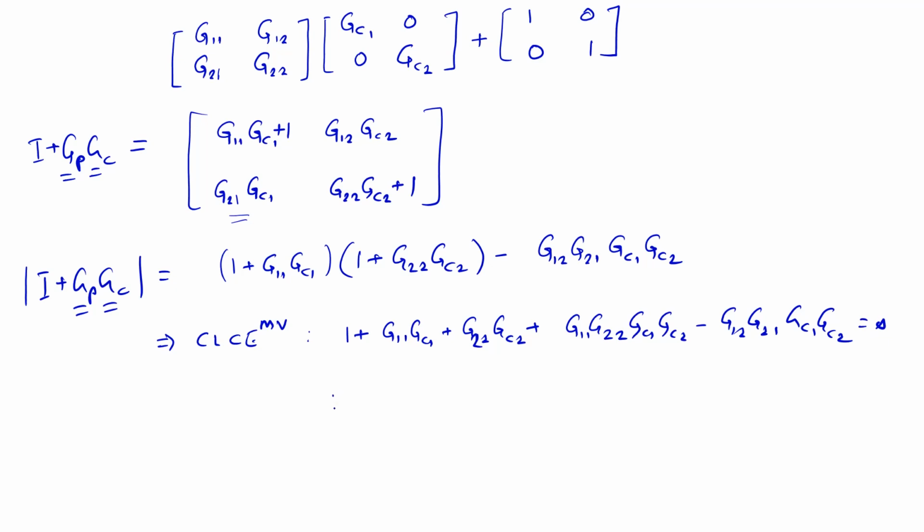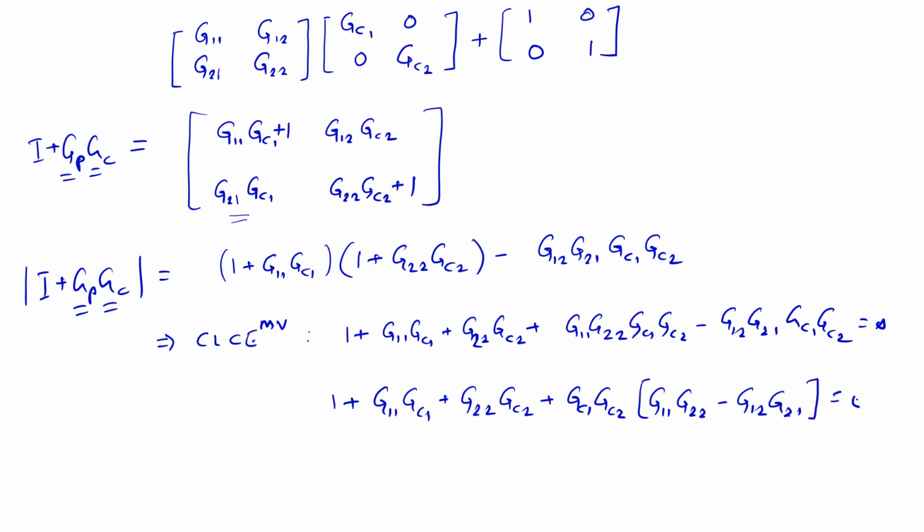And one can write this further as 1 plus G11 GC1 plus G22 GC2 plus GC1 GC2 into G11 G22 minus G12 G21 is equal to 0.